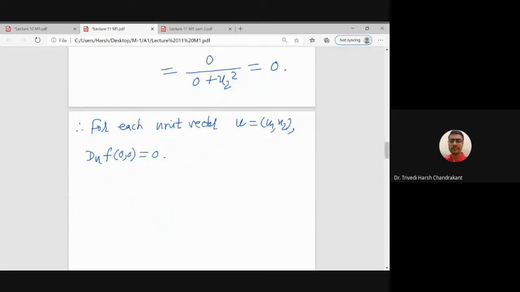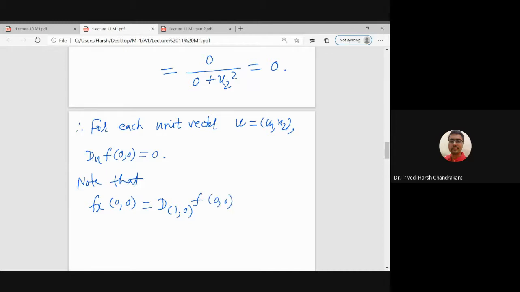Note that fx also we can find using the directional derivative. In the last lecture we observed that fx is nothing but the directional derivative in the direction of (1, 0) of the function at origin.